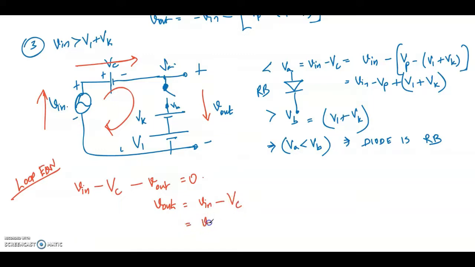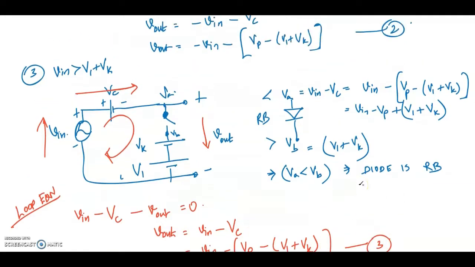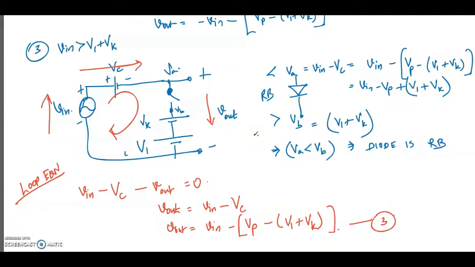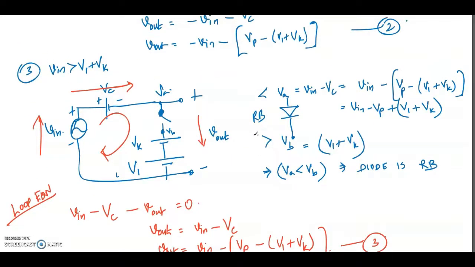What is the substitution for Vc? Minus Vp minus V1 plus Vk. Okay, this is equation number 3. I've got two equations for output, equation number 2 and equation number 3.